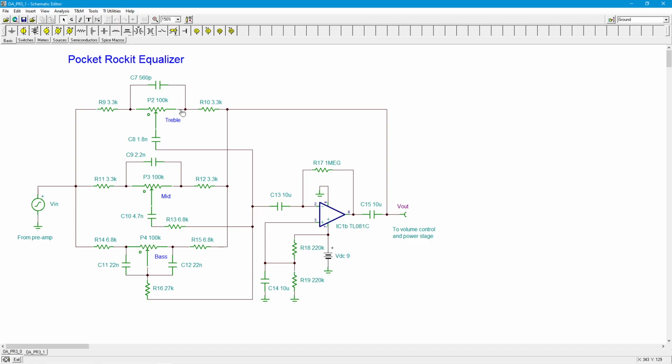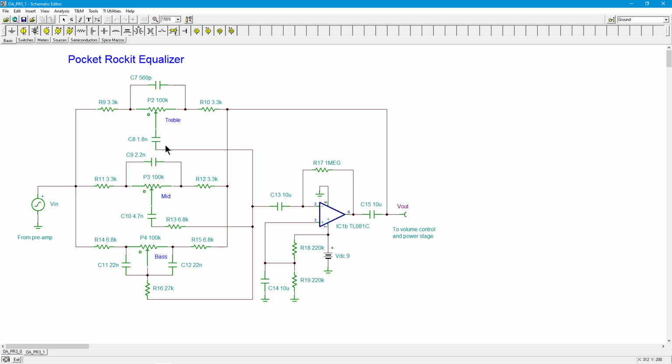Now, having the capacitors changes things around. In fact, at really low frequencies, if we're talking bass frequencies, both C8 and C7 are opens. So you wind up with the position of the treble control not making any difference.